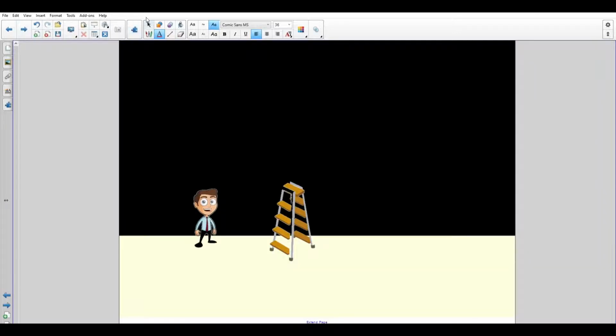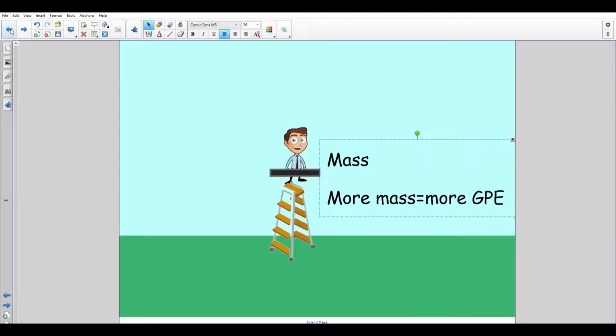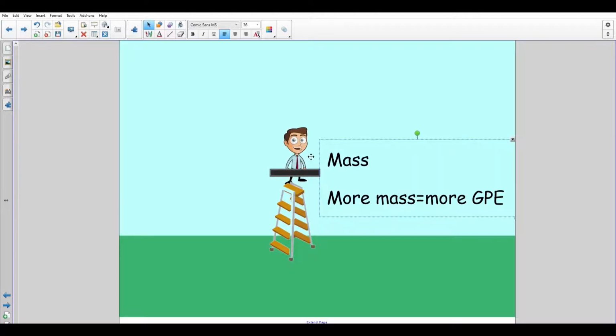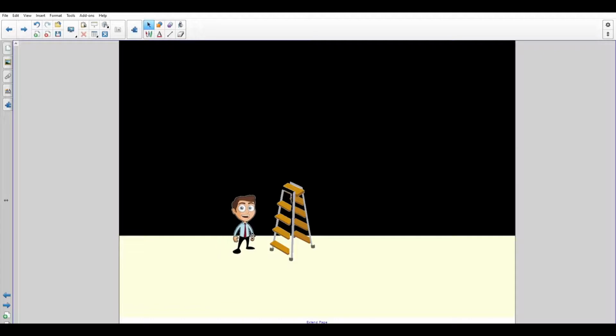Moving on. Slightly different to this, think about if he was on the Moon. A bit abstract now, as he's not been on Earth so far. He's been on Earth climbing up his ladder. We've said the higher up he goes, the more gravitational potential energy he has, and the more mass he's having to carry up the ladder, the more gravitational potential energy he'll have. Now this time, think about if he was on the Moon.